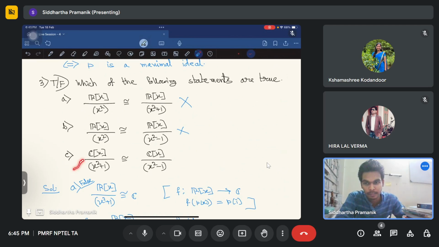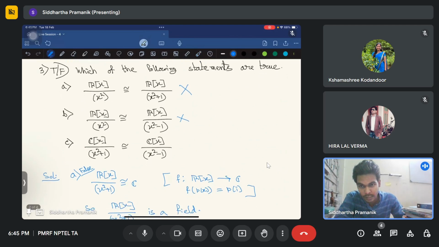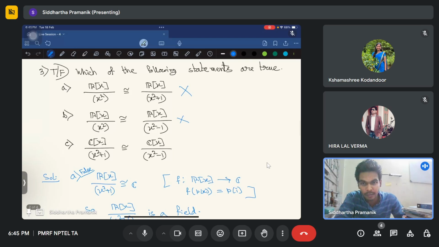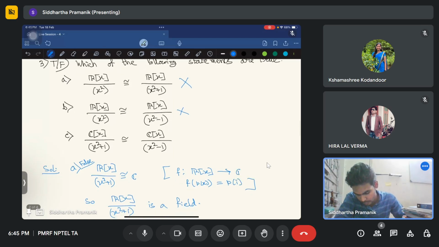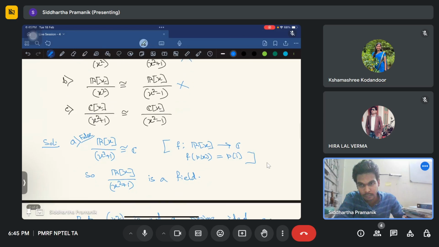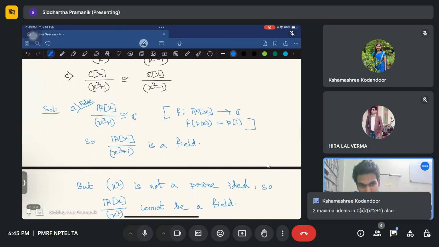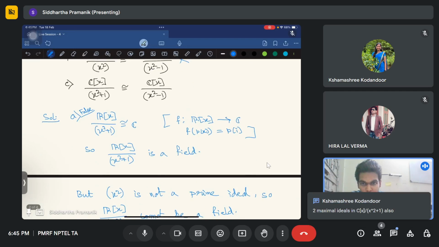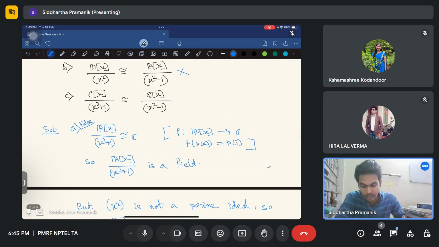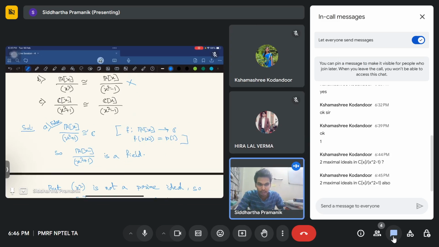Any guess? Basically, you can use the Chinese remainder theorem again. Yeah, both have the same number of maximal ideals, and those are the only prime ideals also. So from that you cannot conclude anything.